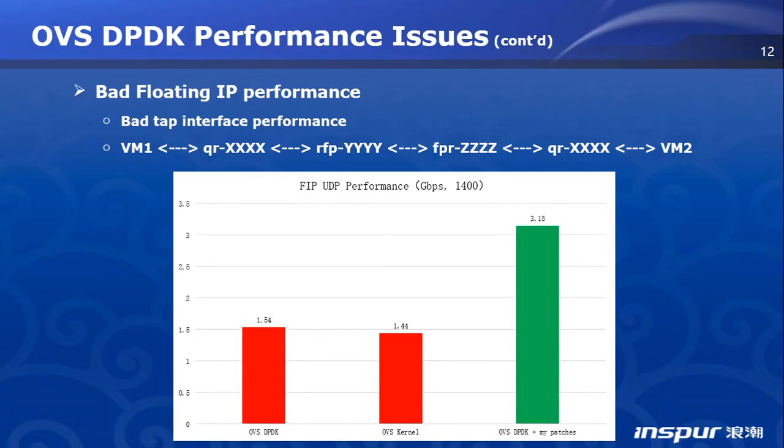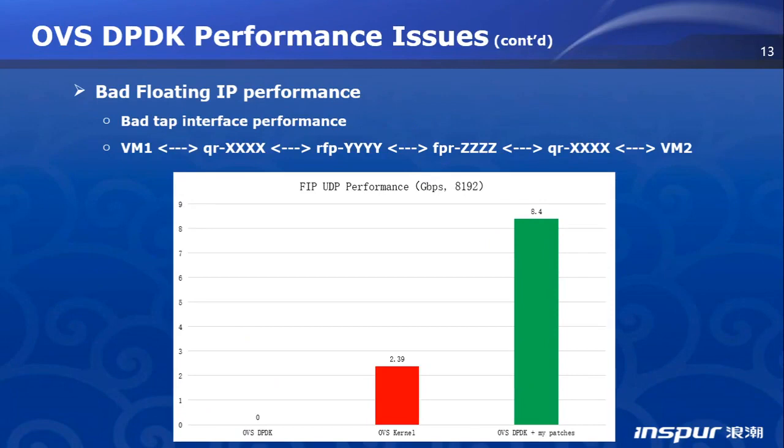For small UDP packets, the performance is bad too. For bigger UDP packets, the OVS-DPDK community version cannot work at all because iptables will fail to reassemble UDP fragments, but our improvement patches can fix it very well.